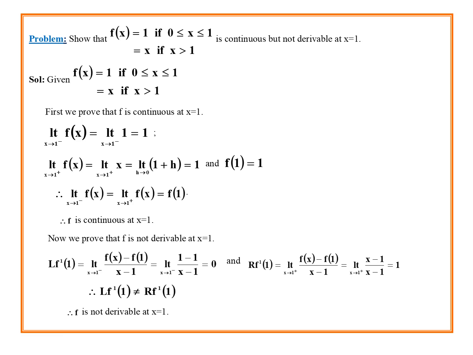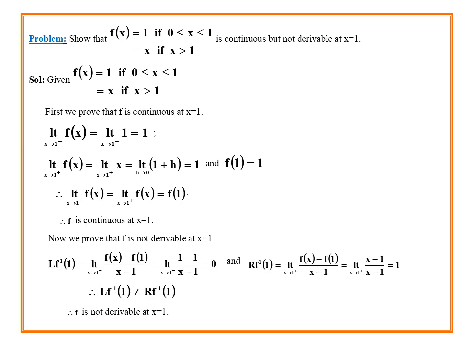Limit x tends to 1 plus f of x is equal to limit x tends to 1 plus f of x, which means x. That is equal to limit h tends to 0, 1 plus h is equal to 1, and f of 1 is equal to 1. Therefore, limit x tends to 1 minus f of x is equal to limit x tends to 1 plus f of x is equal to f of 1. Therefore, f is continuous at x is equal to 1.